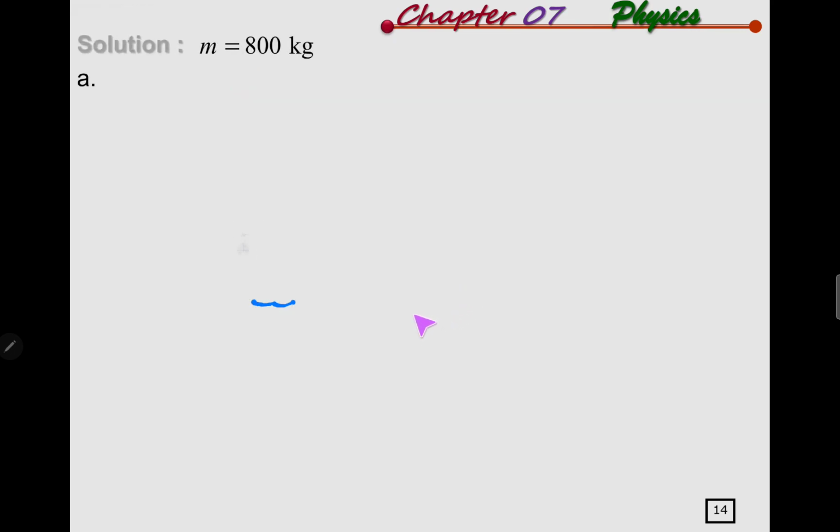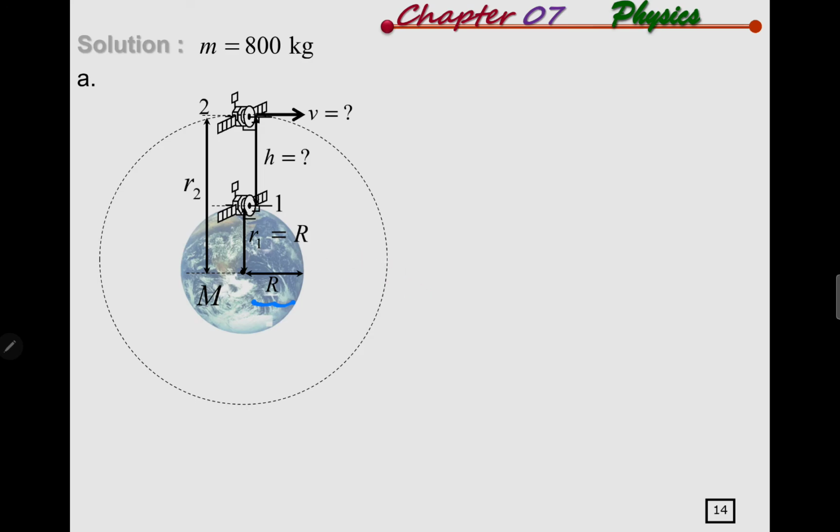For the situation over here, now the center, the radius is given. From the center to the surface, and then from the surface we are going to determine the height over here.